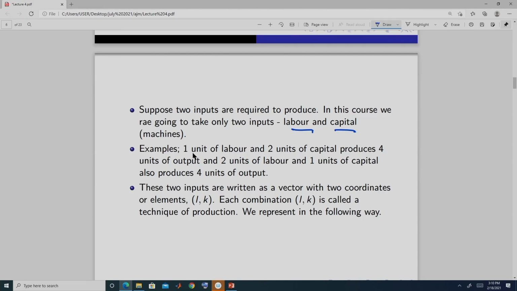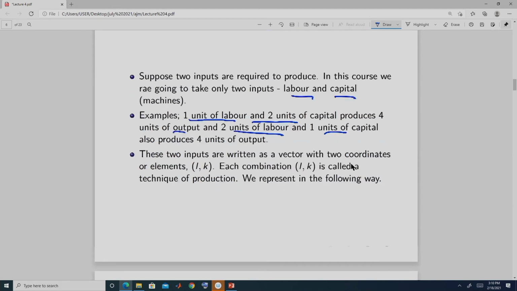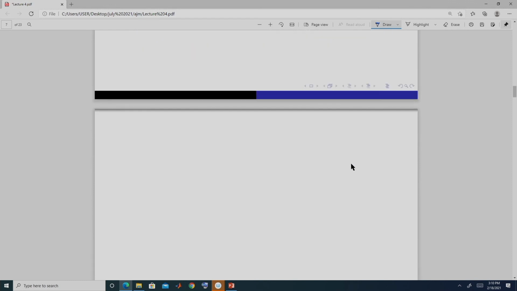For example, 1 unit of labor and 2 units of capital can produce 4 units of output. So, this is one technology. We can also produce 4 units of output using 2 units of labor and 1 unit of capital. So, different combinations of these two inputs may give us the same output.